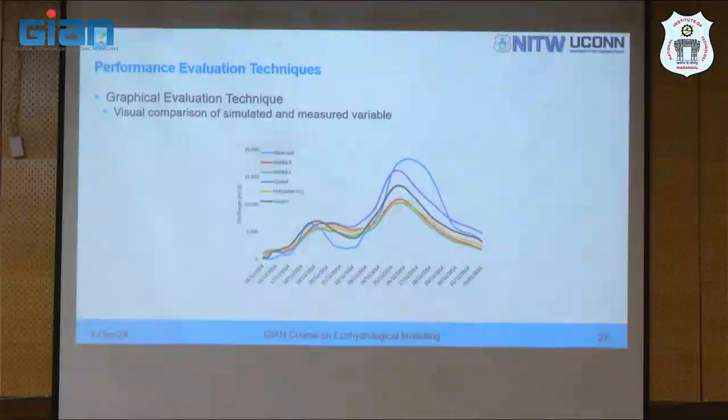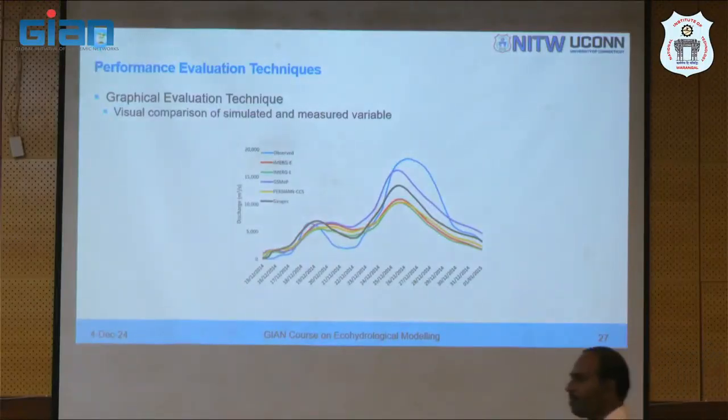Graphical evaluation, right? This blue line is observed. I have done this exercise with my MTech second years already, but for others, which one is a good model? Blue is observed, remaining all are simulated.